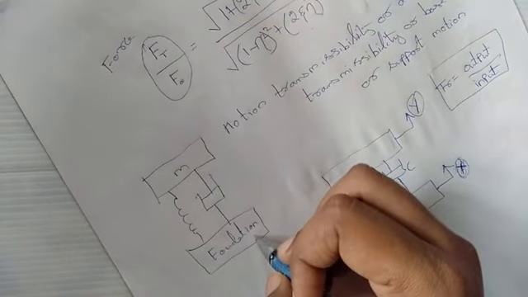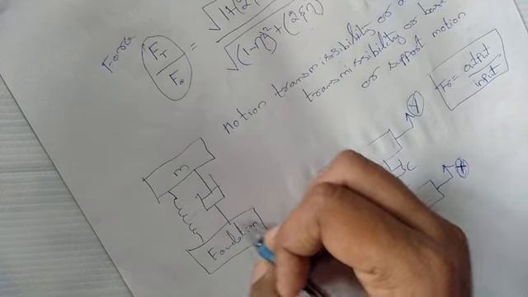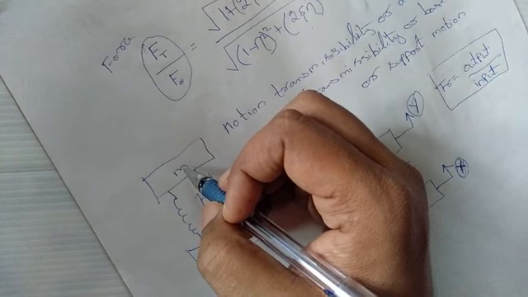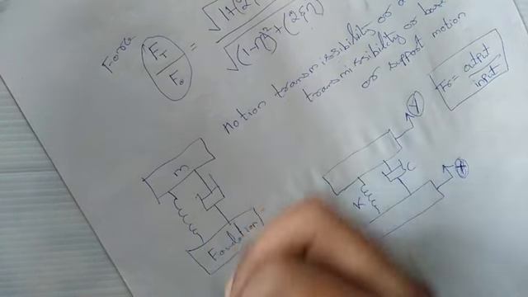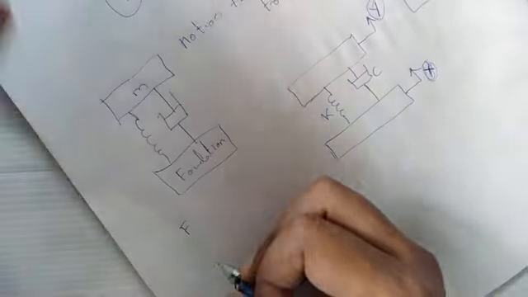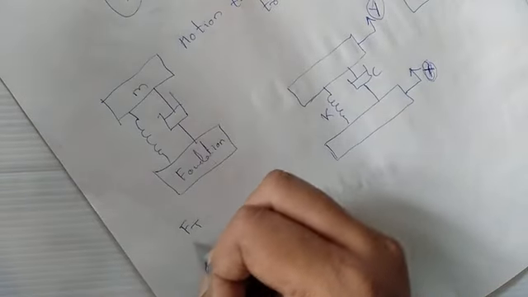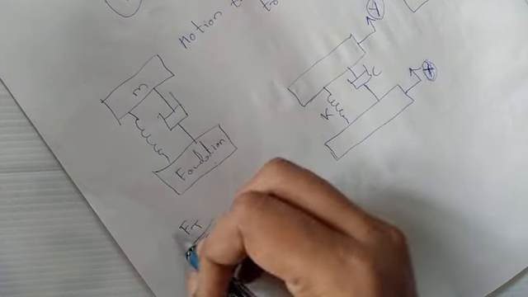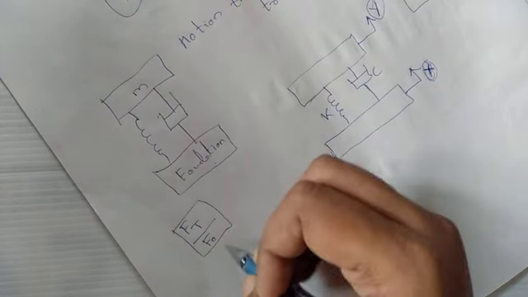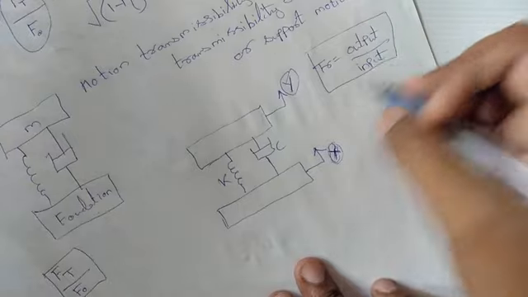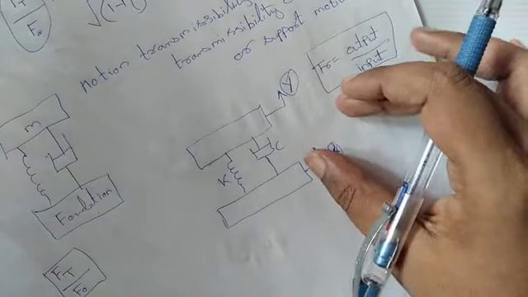The output is to the foundation, and the input is the external force here. So it is force transmitted divided by external force applied. This is the transmissibility ratio. So it is always output by input, whether it is force transmissibility or displacement transmissibility.